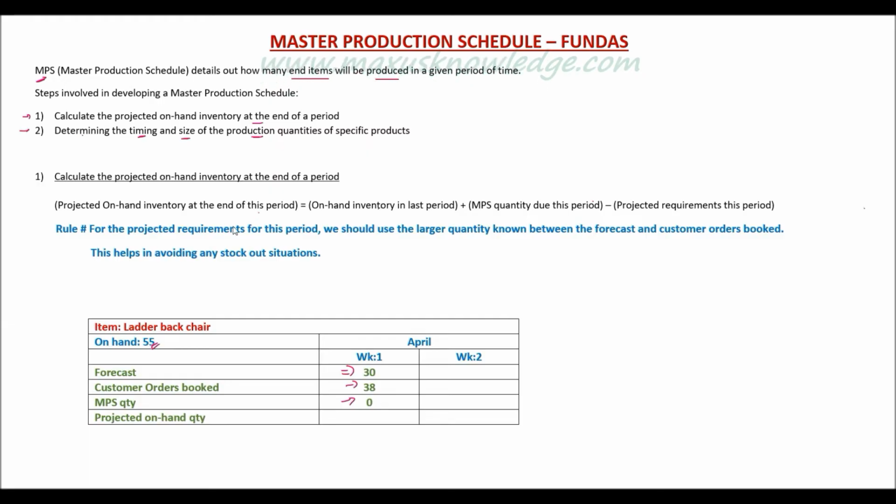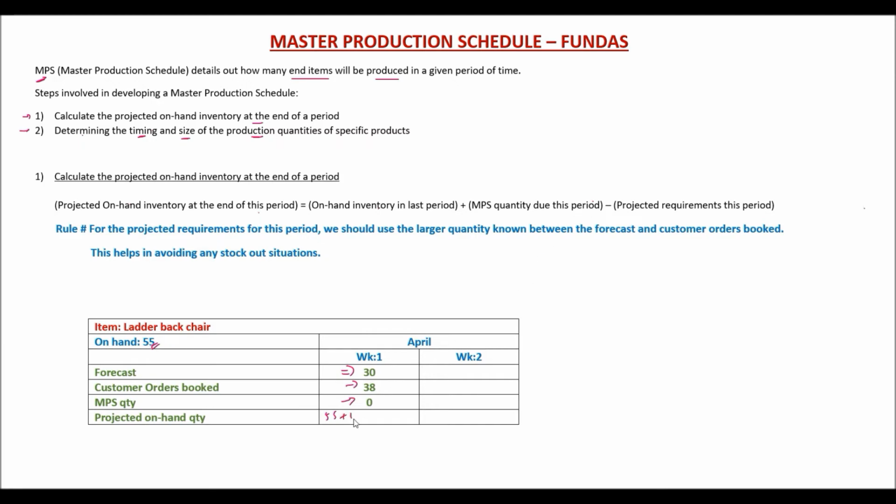So let's use this formula here. Projected on-hand quantity at the end of the period is equal to on-hand inventory in last period, which is 55. So this becomes 55 plus the MPS due this period, which is 0.